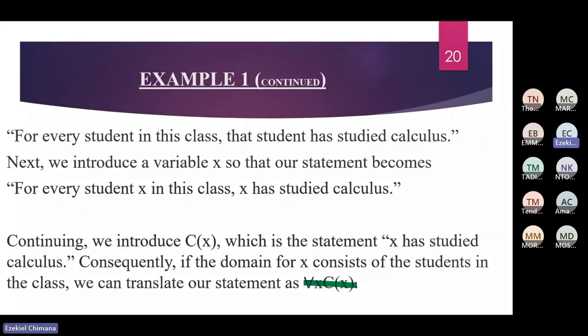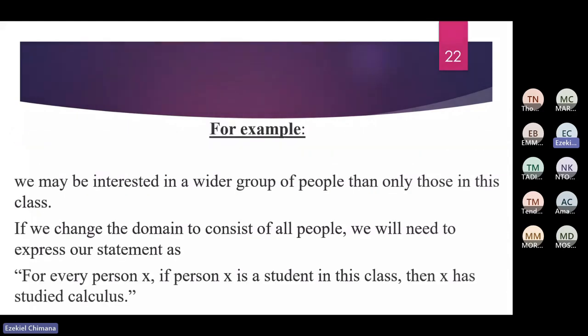Like this class of students who are doing calculus, maybe you want more than that. So if we change the domain to consist of all people, we are now considering all people. We are no longer considering just that class. We will need to express our statement as: for every person x, if person x is a student in this class, then x has studied what?